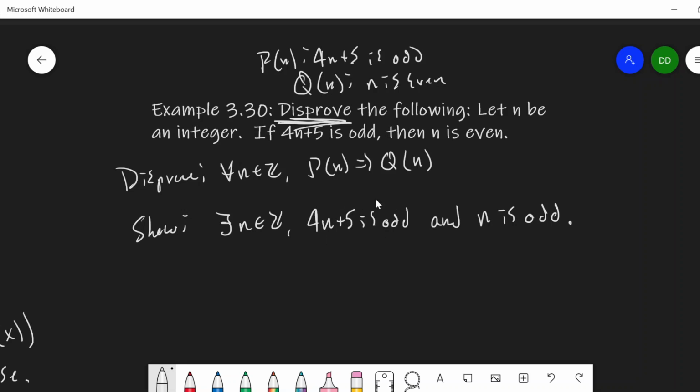We want to show that the hypothesis is satisfied, but the conclusion doesn't follow from it. Can you come up with a counterexample here? An example where n is odd and 4n plus 5 is also odd?